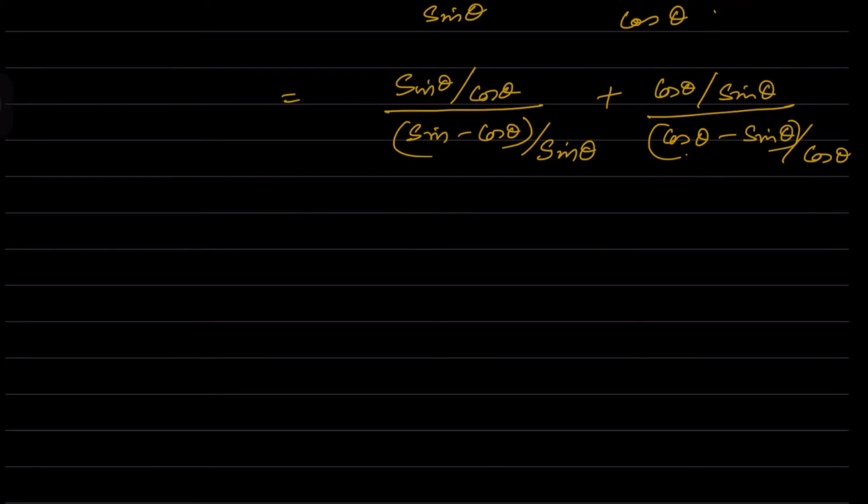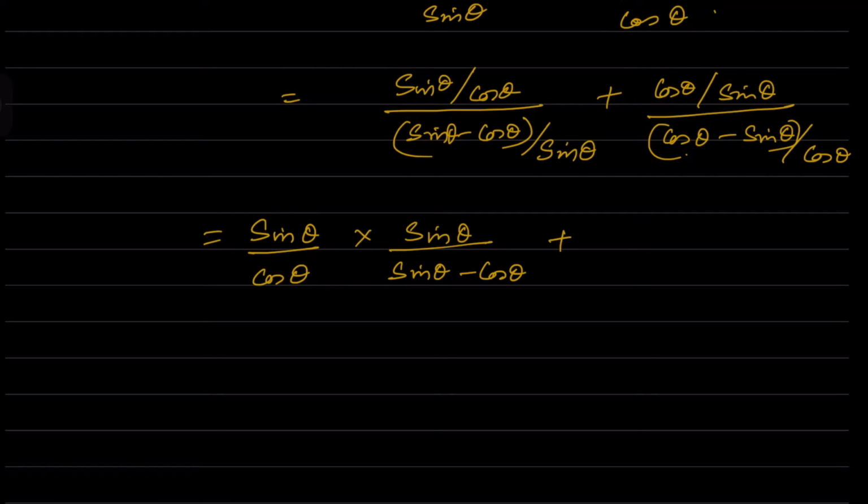Now therefore you can write this as sin theta by cos theta into sin theta by sin theta minus cos theta plus cos theta by sin theta into cos theta by cos theta minus sin theta.